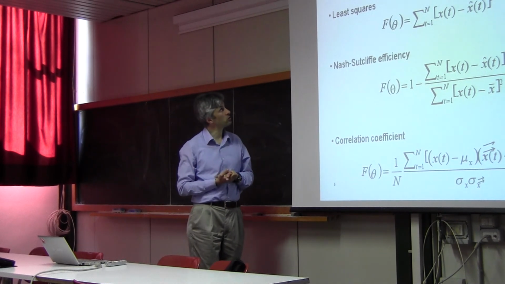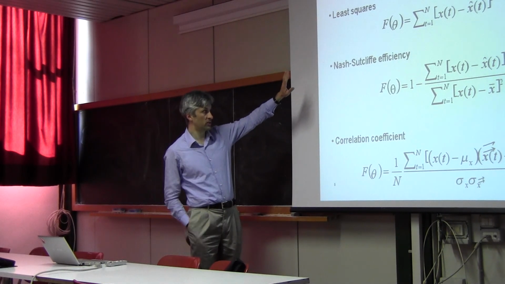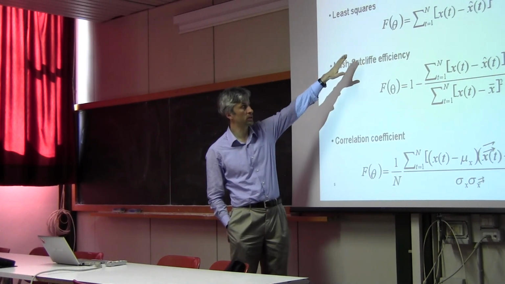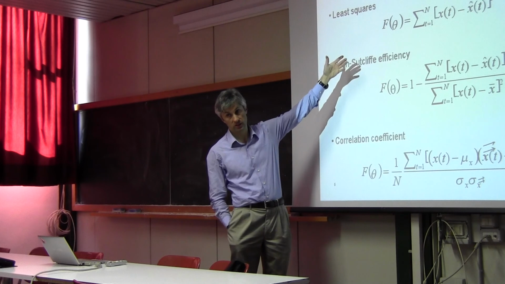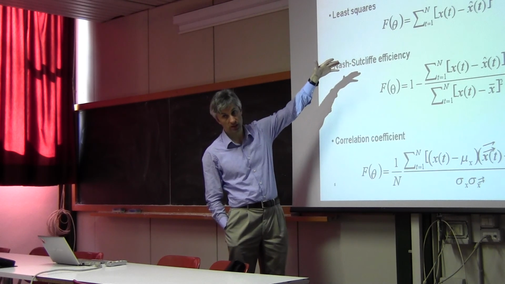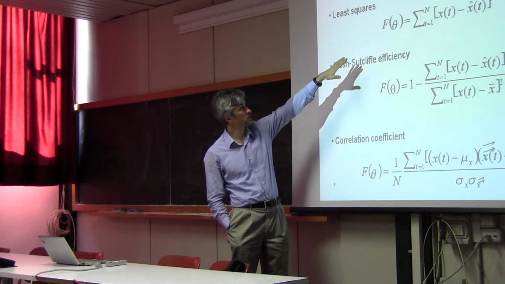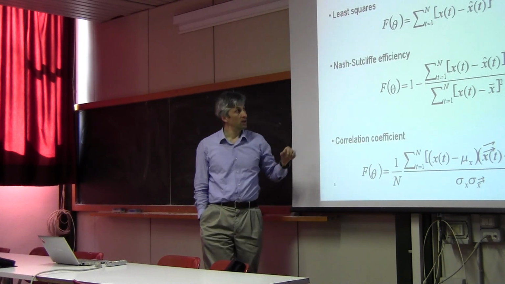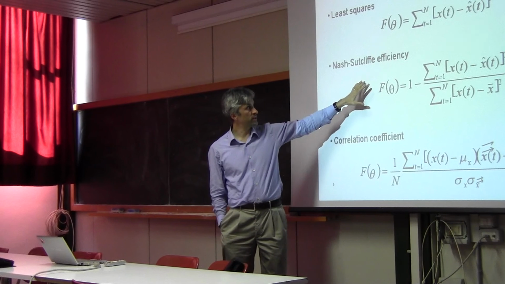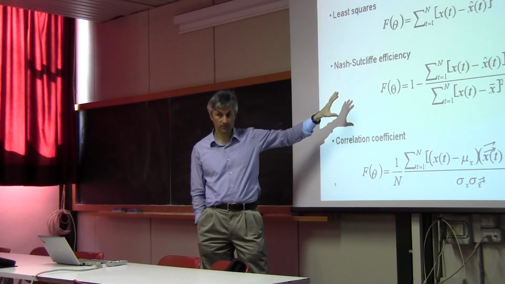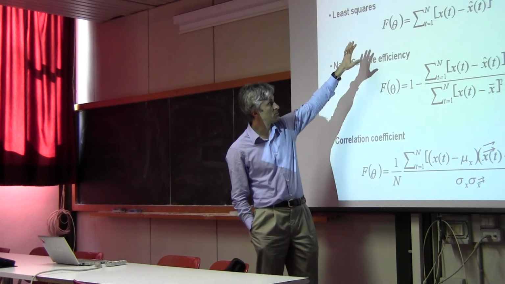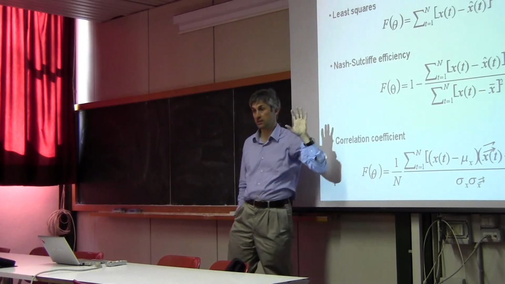I mentioned so far two objective functions. The least squares, or the sum of squares, is the objective function. By minimizing the sum of squares, you apply the least squares approach. And I also mentioned the Nash-Sutcliffe efficiency, and I told you that basically these two objective functions are equivalent.